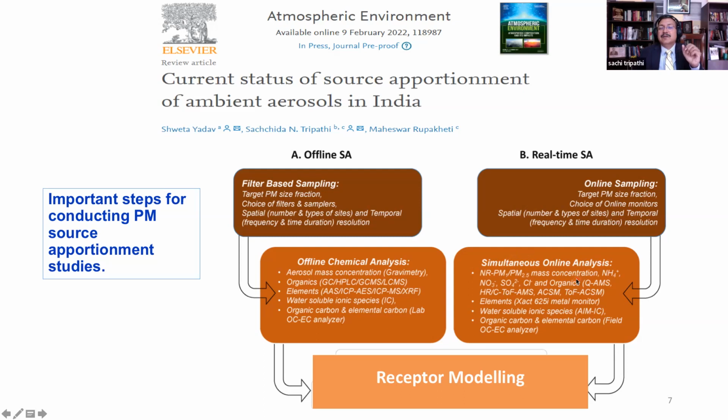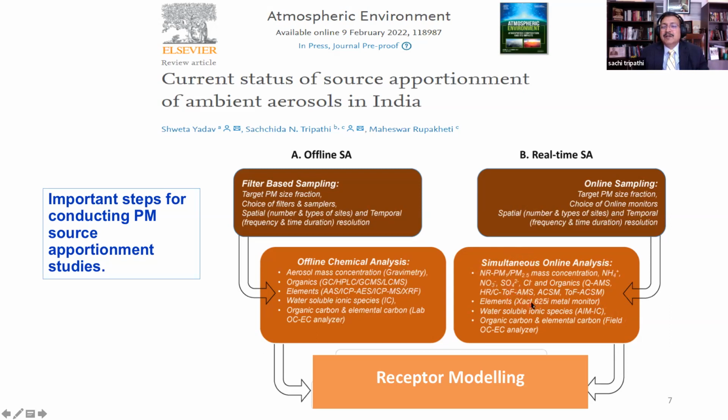Here, for online, you can either go for PM1 or PM2.5, and NR means non-refractory, because most of these online instruments give you information only about non-refractory particles. For the refractory particulate matter, that is metals and black carbon, you have to complement it with other instruments.